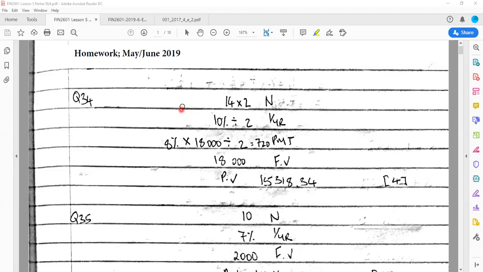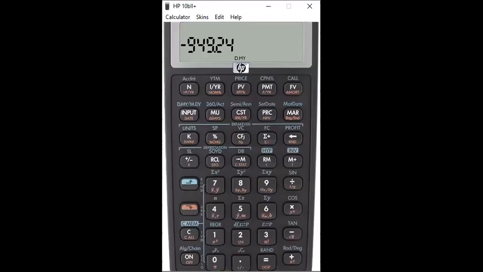I think I'll just do example 34 just to remind you, and then I'm sure you'll be able to do the other examples by yourself. Remember, we take our calculator and we clear it, then we say 14 times 2, this is N. We say 10 divided by 2, that's our interest.